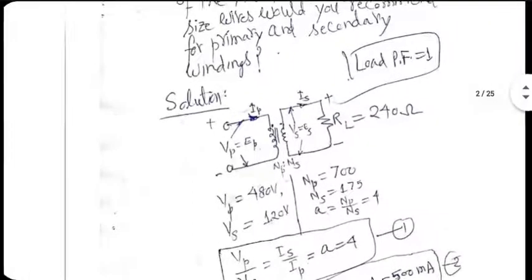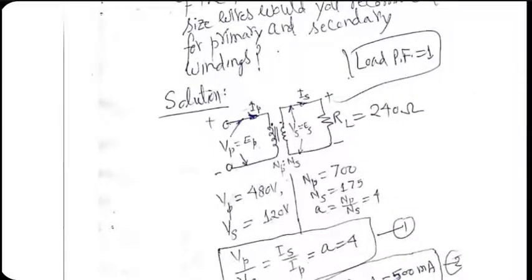So Vp divided by Vs or Ep divided by Es would still be the turns ratio, no issue with that. However, now Vs will be ZL into Is, and ZL is a complex number. So there will be a phase shift between Vs and Is. That is the difference that will be seen.